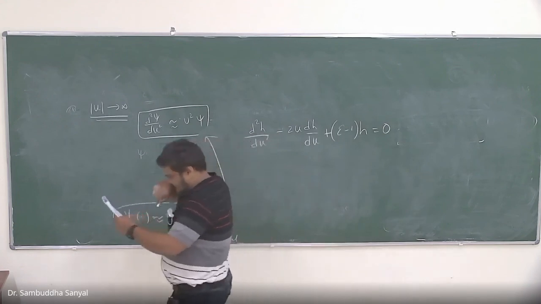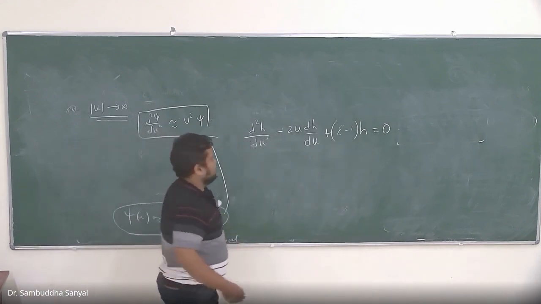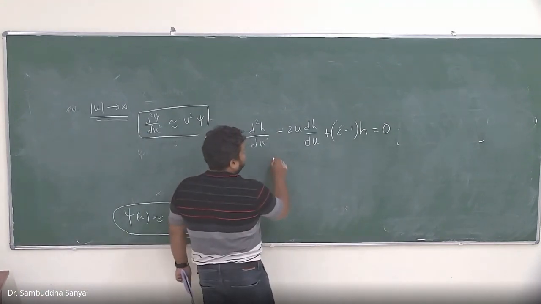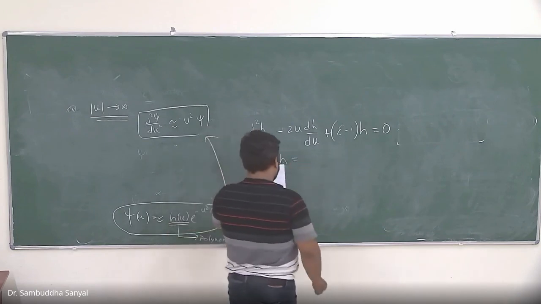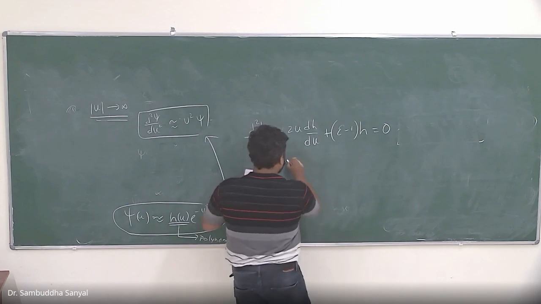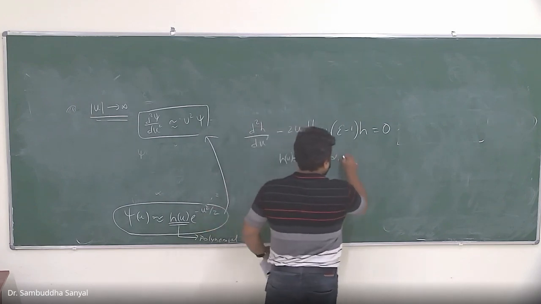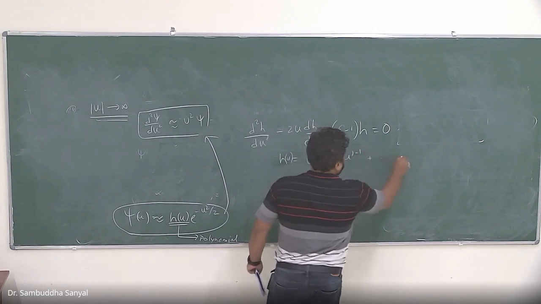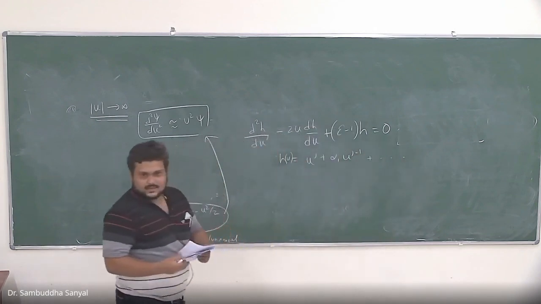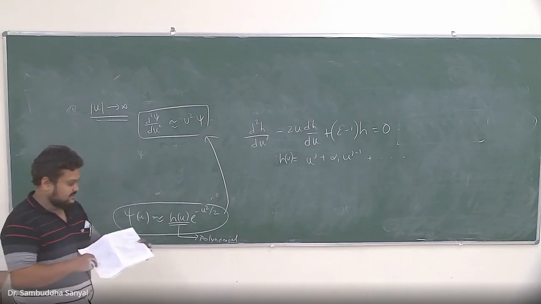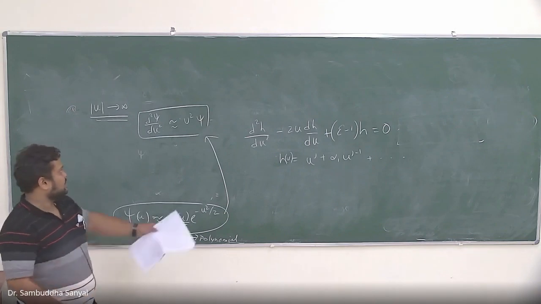And revise your series solution to see how you solve this H using a series solution. So H(u) will be u to the power j plus alpha 1 u to the power j minus 1 and so on. Use your series solution, revise it, and figure out how you solve this.